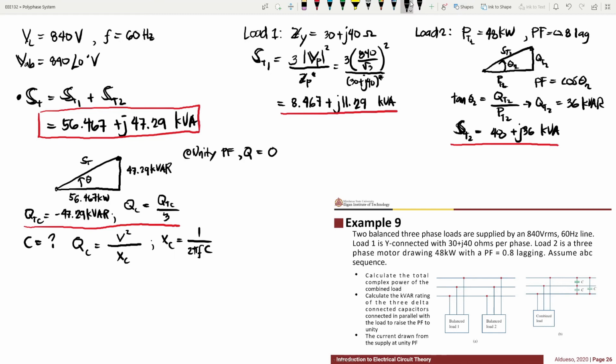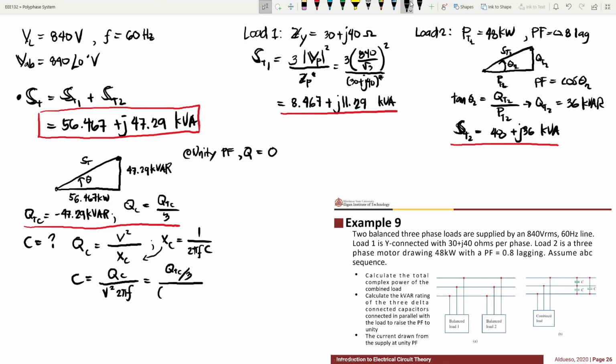Now substituting this equation, then solving for C, we have Q_C over V squared times 2 pi F. So Q_C right here is just Q_TC over 3, all over V squared. So what is V? What is the voltage?